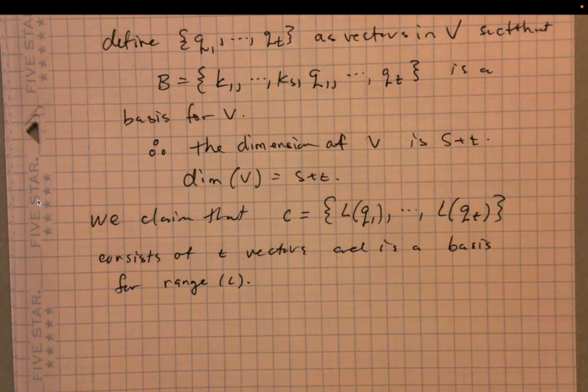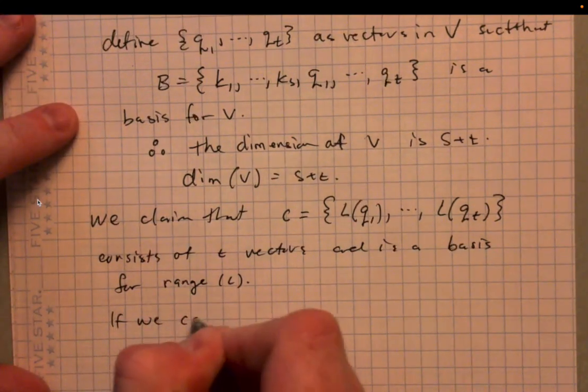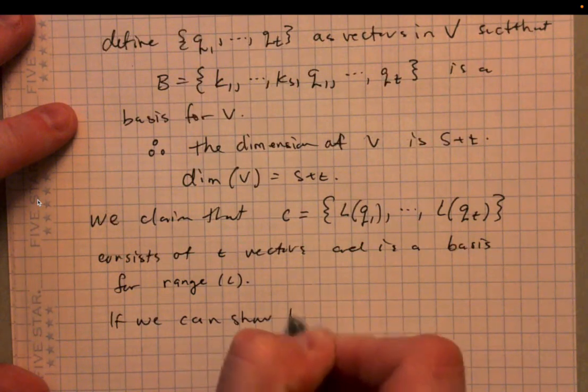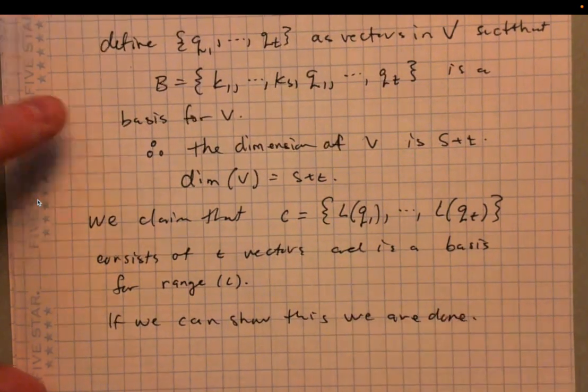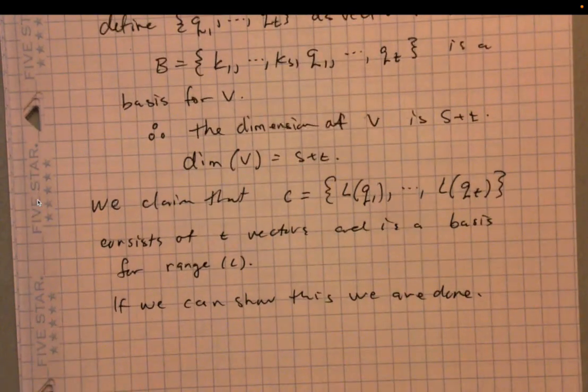Obviously, if we can show this, then we're done, right? Why are we done? Does this make sense?